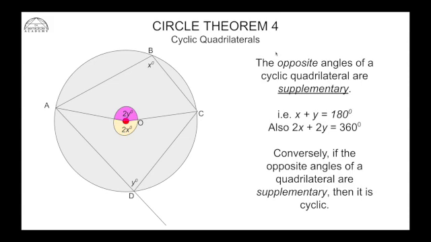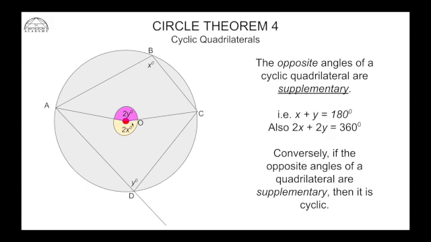So Theorem 4 says that the opposite angles of a cyclic quadrilateral are supplementary. That means that they add up to 180 degrees. Now it makes sense that X and Y would give you 180 degrees.